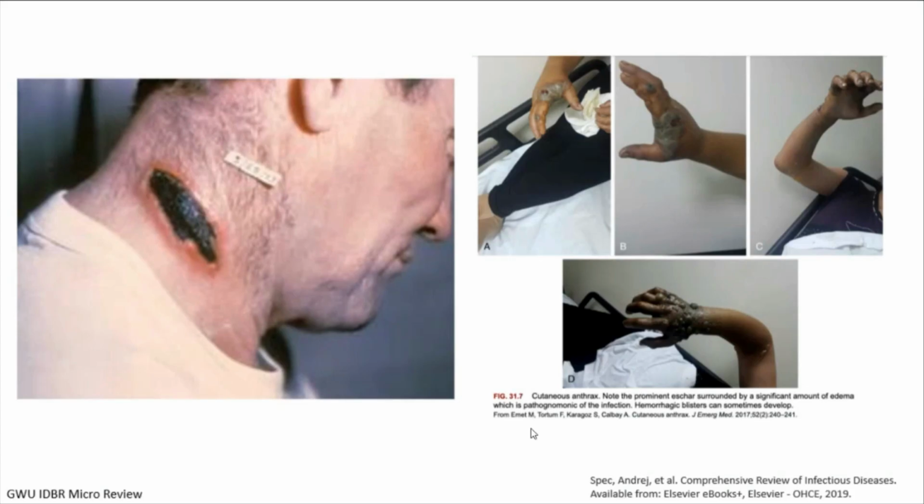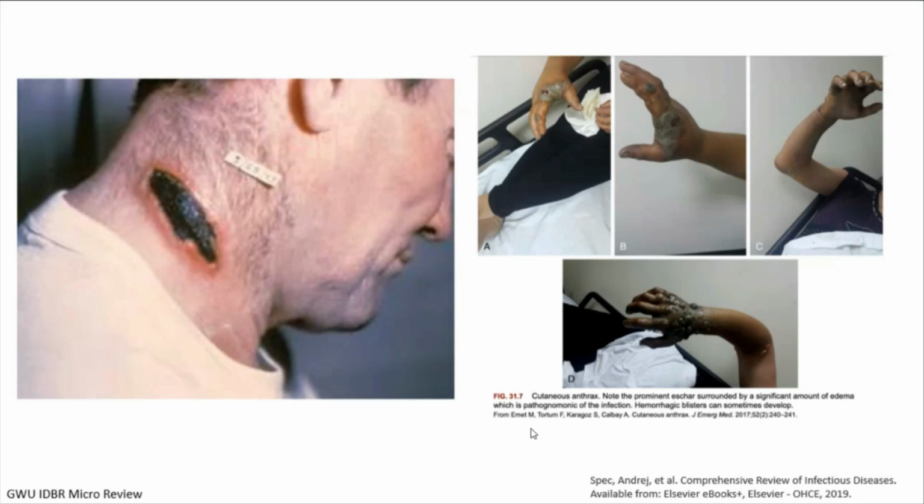Okay, so what's this? Don't read the caption that I forgot to blog out. So we talked about Bacillus, not anthracis. This would be Bacillus anthracis, right? And so this is the eschar of cutaneous anthrax, with a lot of edema around it.